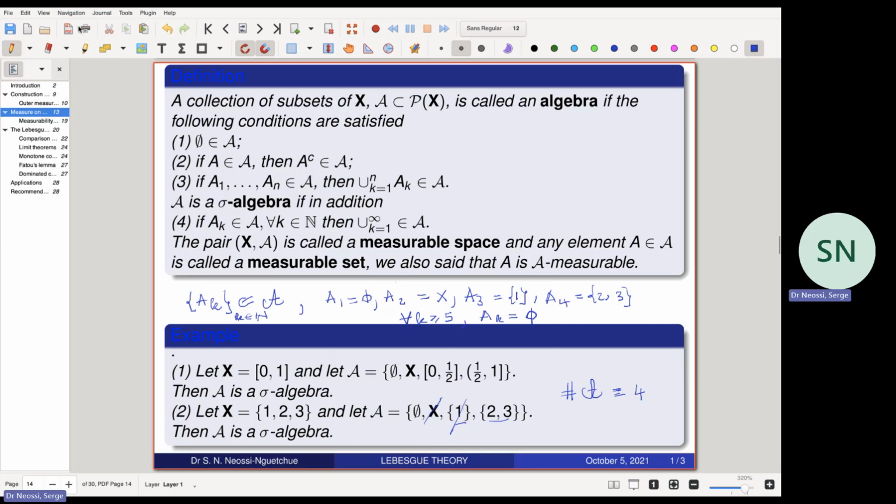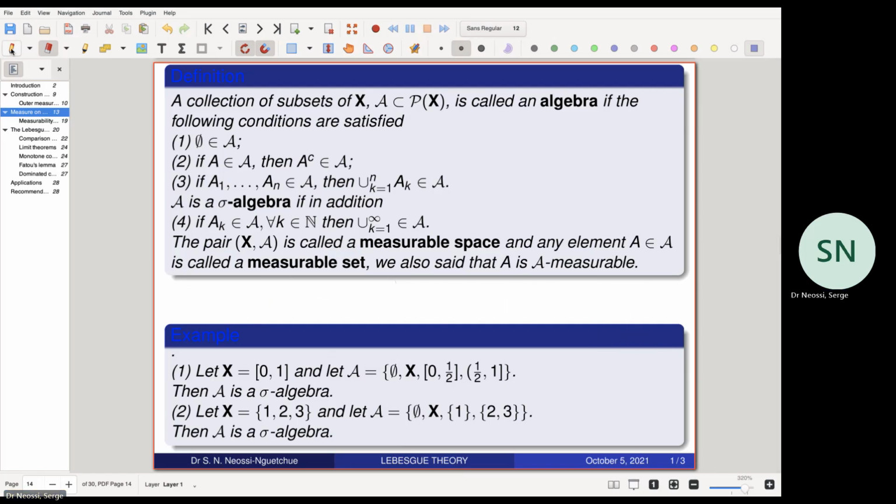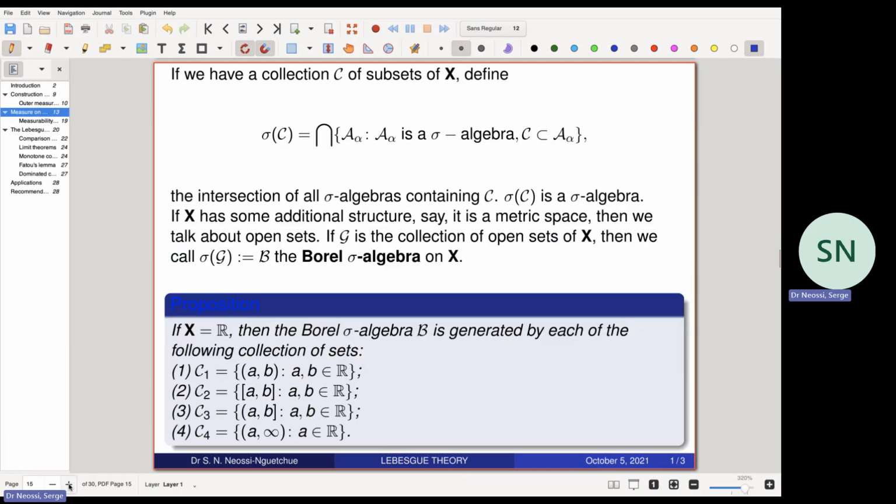So anyhow, if you take all possible combinations to define our sequence of subsets of calligraphic A, we definitely have a sigma algebra. Okay, so that is for the example.